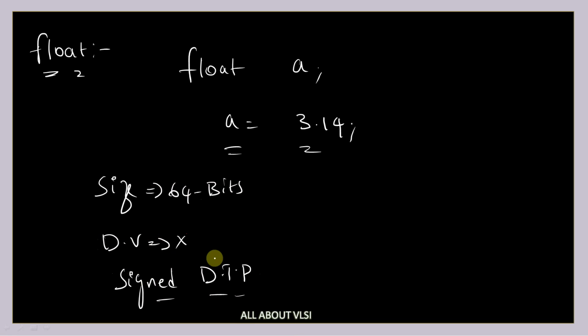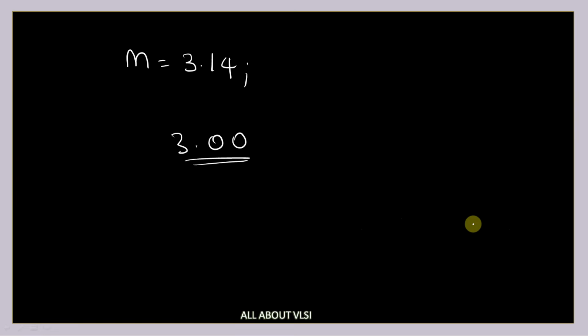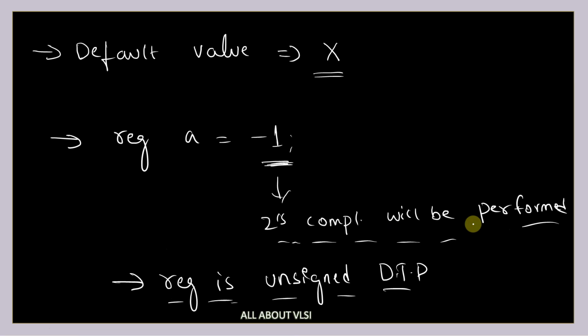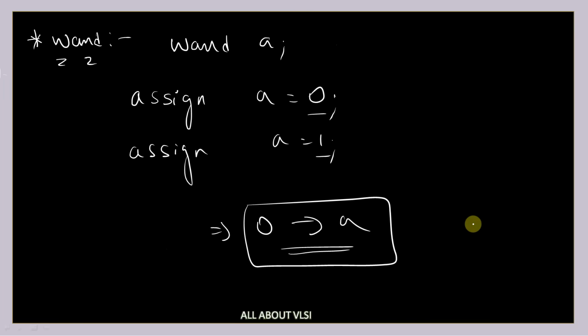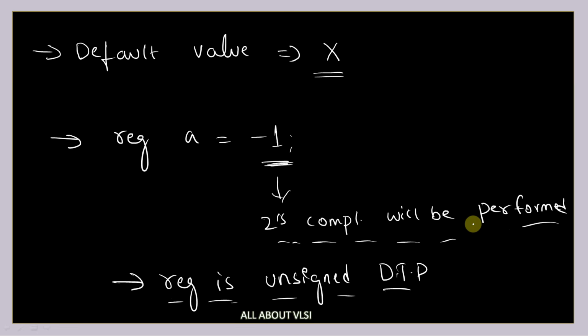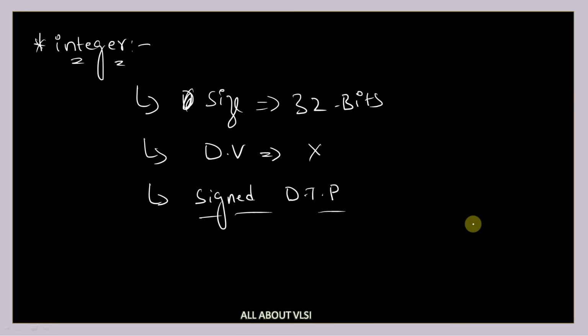This float data type is non-synthesizable, whereas the previous data types are all synthesizable. From now I'm not going to mention synthesizable or non-synthesizable. I'm only going to stress on the data types or the constructs which are not synthesizable.